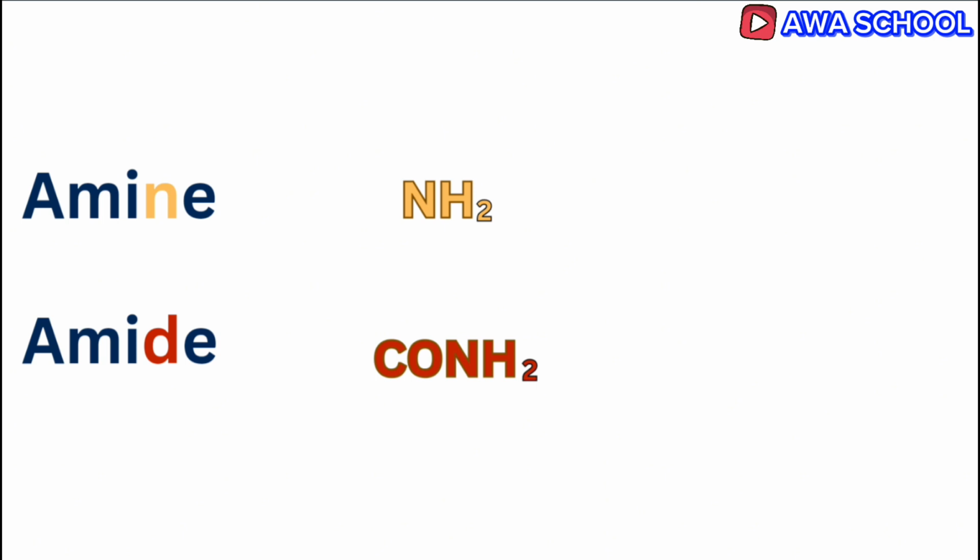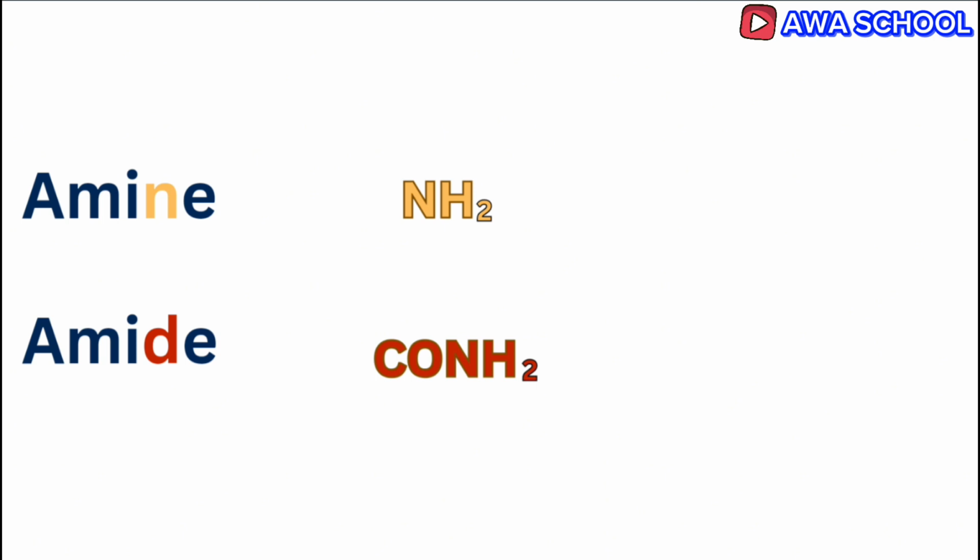The amine sounds more like ammonia than the amide. That is why you have NH2 in both. But the one that looks almost like ammonia is the amine, while the amide is CONH2. Exactly. So with this, it will not be confusing again, right?